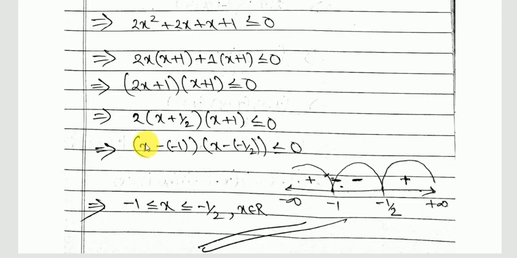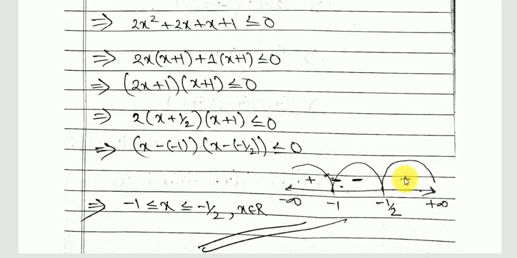When I replace x by 0, I get 0 minus minus 1, that means plus 1, and 0 minus minus half, that means I get 1 into half, which is half. So I'm getting a positive value. That's why I will write plus over here.